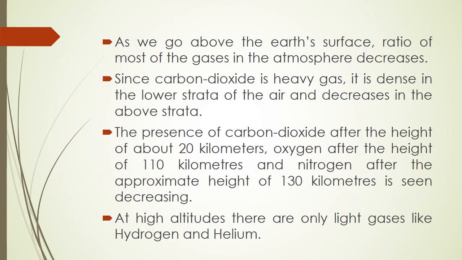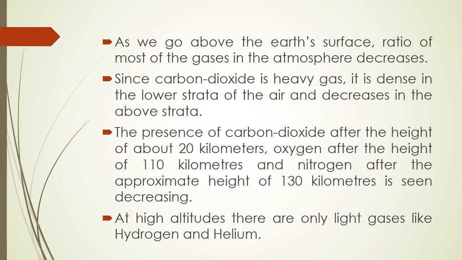As we go above the Earth's surface, ratio of most of the gases in the atmosphere decreases. That is, we are on the land, but when we move above the Earth's surface, ratio of most of the gases decreases. That is, nitrogen decreases, oxygen decreases, and other gases also decrease.